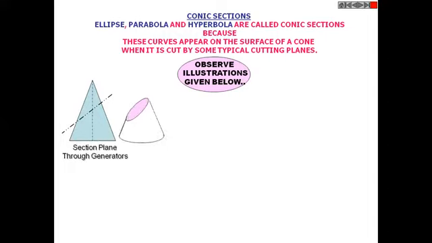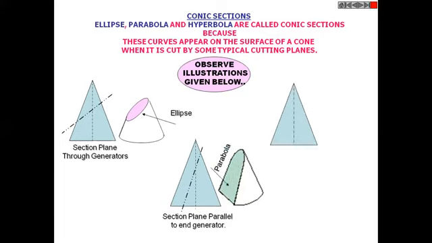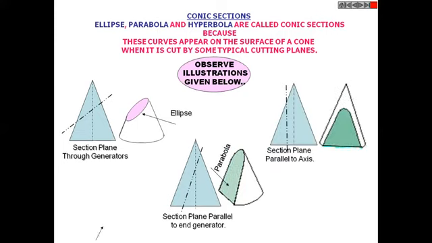When the section plane cuts through the generators, we get an ellipse. When the section plane is parallel to the generator, we get a parabola. When the section plane is parallel to the axis, we get a hyperbola. So when the cone is cut at different positions, we get different curves: ellipse, hyperbola, and parabola.